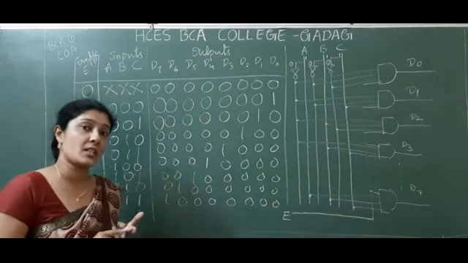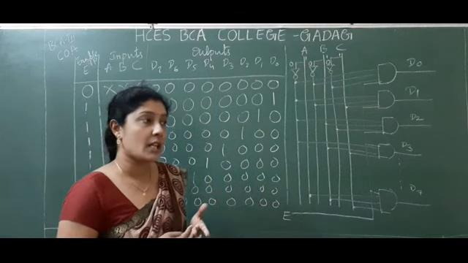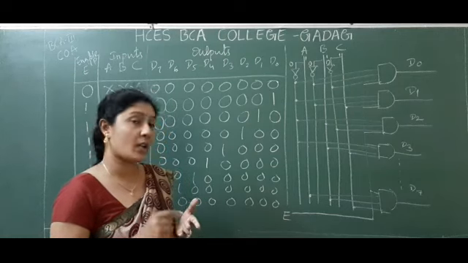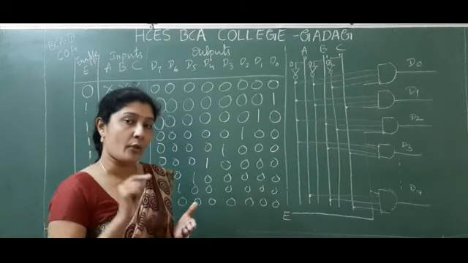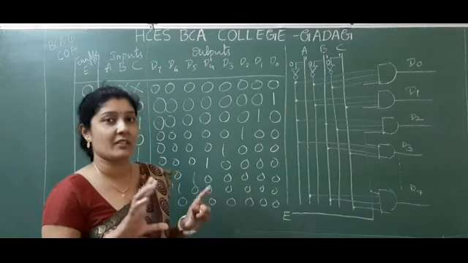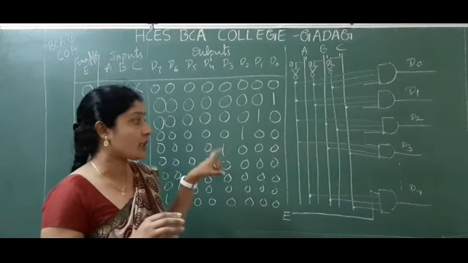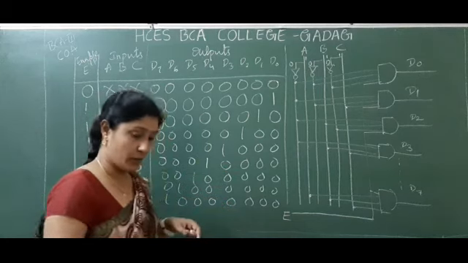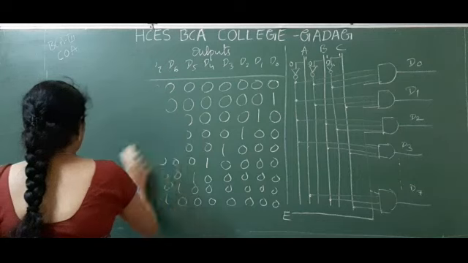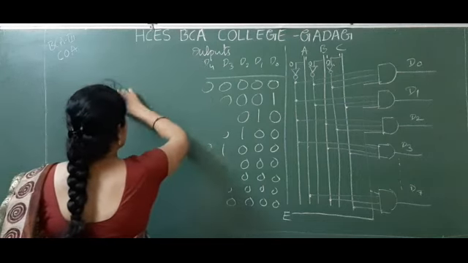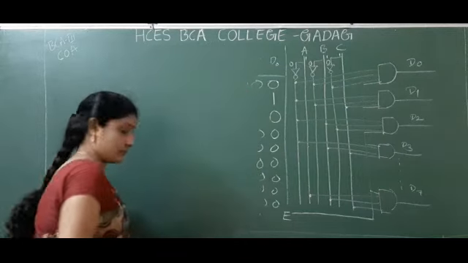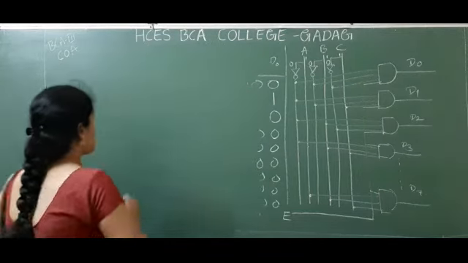So what is the 3:8 decoder definition? Decoder is a digital logic circuit which converts binary information from 3 inputs to 8 unique outputs. So that will be the definition. And how to draw the block diagram of this, that I tell you now. See, block diagram is very simple.